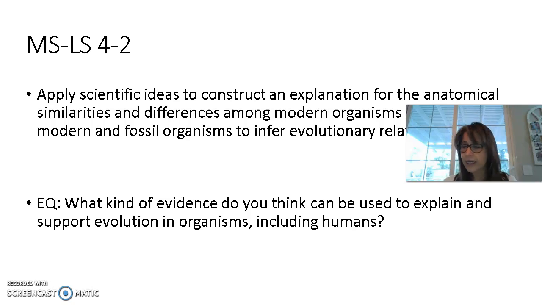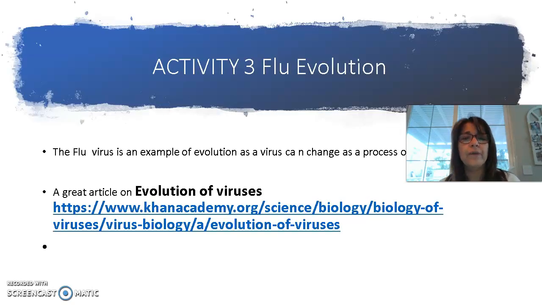And then our second activity, we went through and we saw a tree, and that one is, oh no, I'm sorry, I lied. Hold on, we'll go back. Lesson 2 was just some questions that we answered. And so I'm going to take you to activity 3, which was the flu evolution. I have an article right here that I thought was kind of interesting.